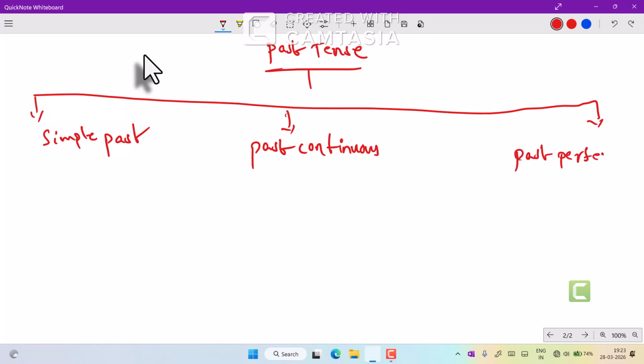Here in simple present we added V1, but here we have to add V2. That's it. Subject plus V2 plus object.